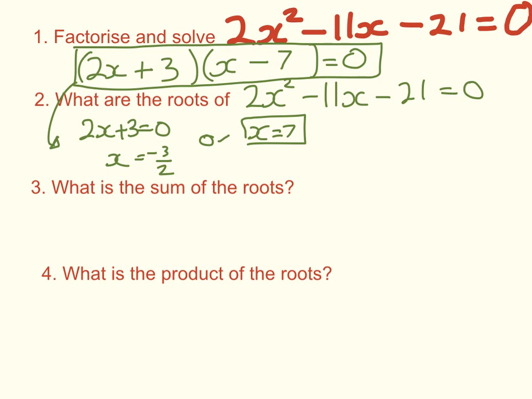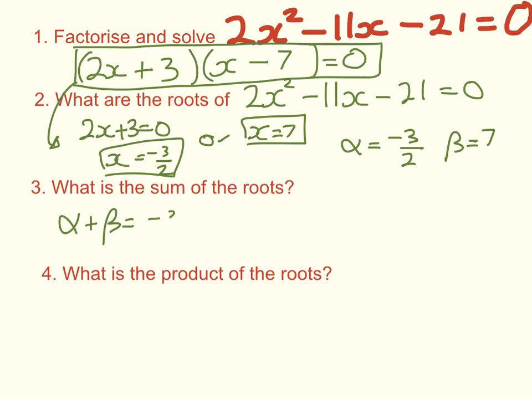So they are my 2 solutions, and the roots are those 2 values. So we'll call the first one alpha and the second one beta. So alpha plus beta is equal to -3 halves plus 7, which equals -3 halves plus 14 halves, and that equals 11 over 2.